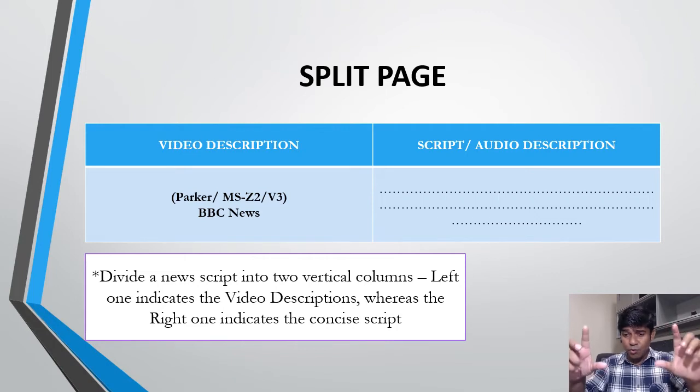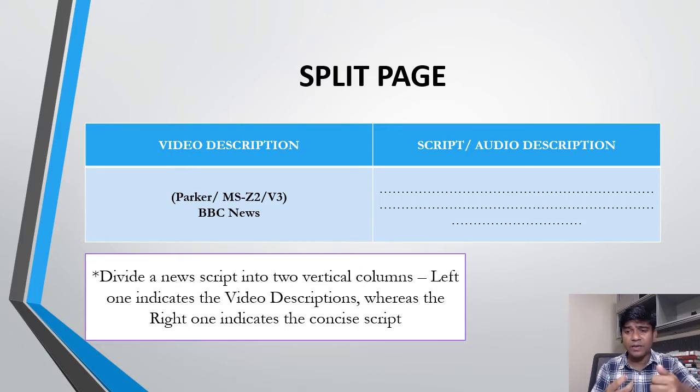It looks like a page in a teleprompter, where you will find that the page is split into two parts. One part is the video description, and another part is the audio description. The audio description is basically the script, and the video description consists of some technicalities.